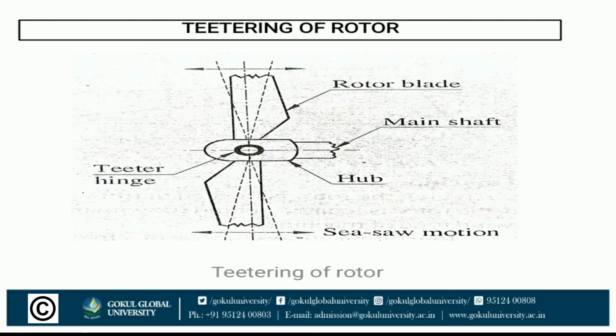This is greatly relieved by providing a pivot within the hub, meaning a teeter hinge, that allows the seesaw motion to take place out of the plane of rotation. The rotor leans backwards to accommodate the extra force. The teetering is not required when the number of blades is 3 or more.